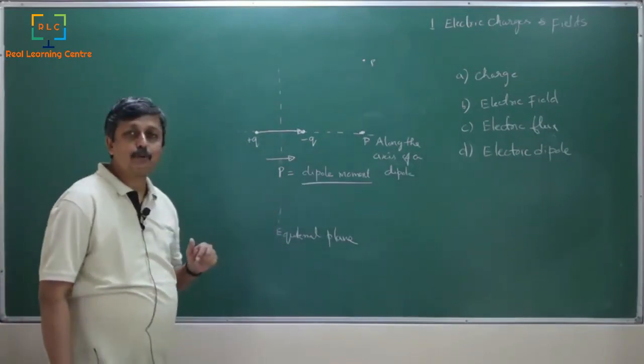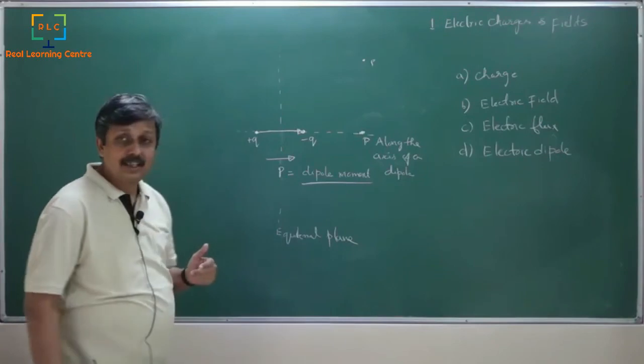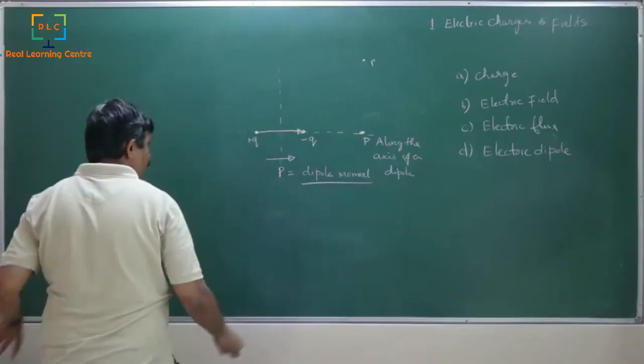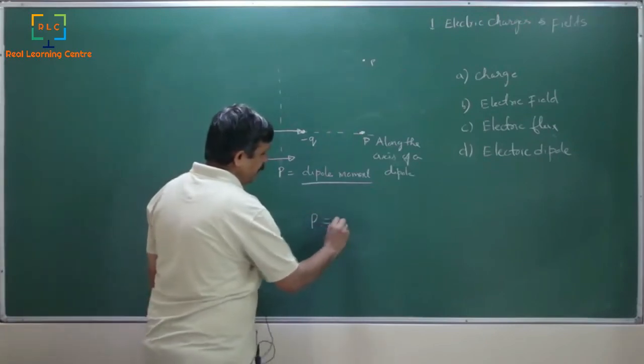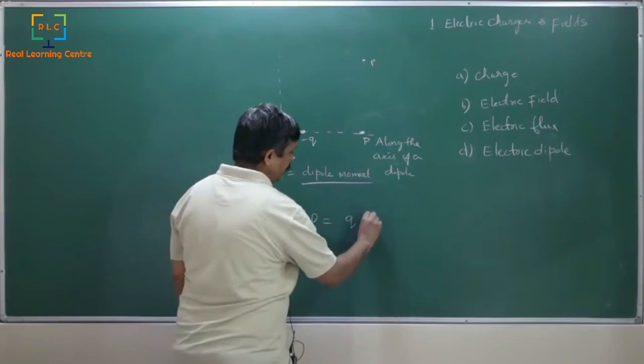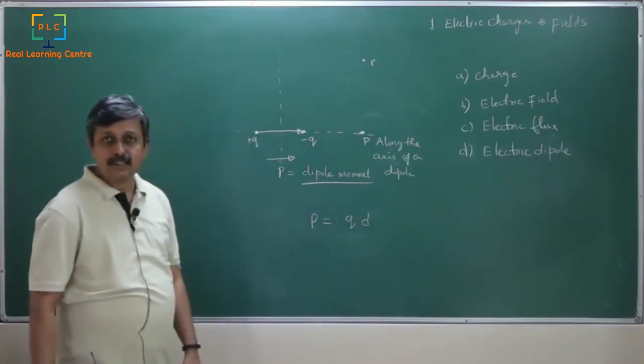So, what is this dipole moment? We are going to define dipole moment as nothing but, see what I am going to show is P is defined as, okay, Q into D, magnitude.